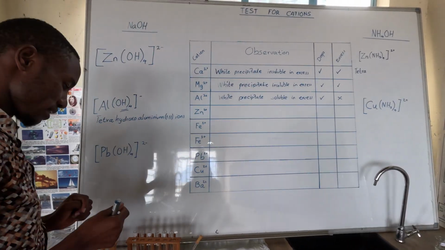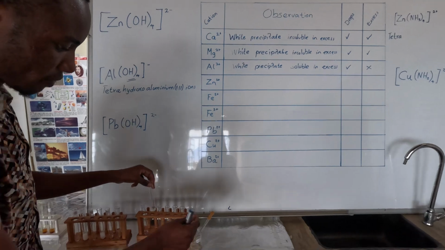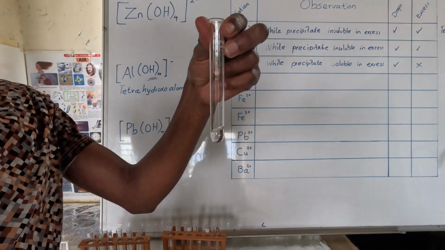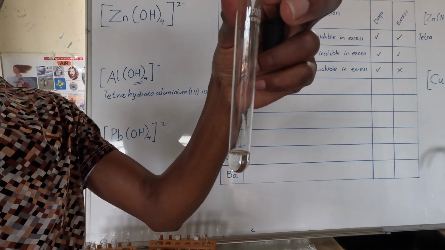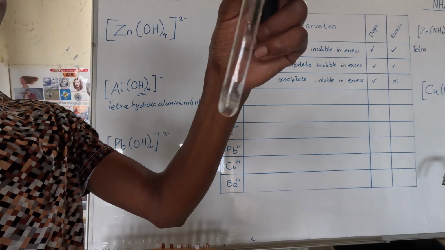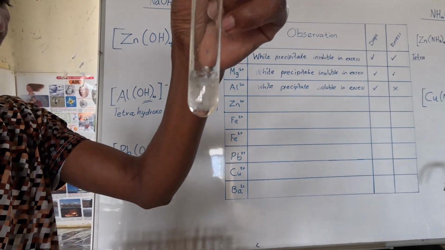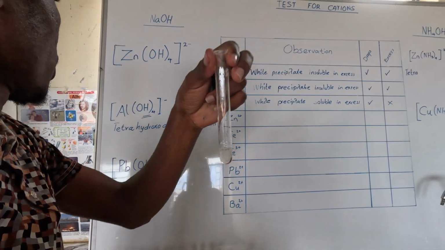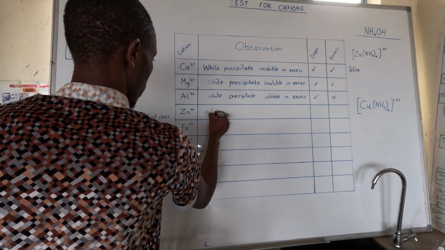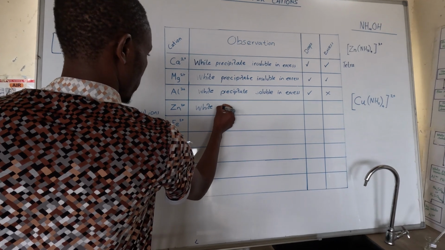Now what happens when I add my sodium hydroxide dropwise to zinc? So those are some drops. That is a white precipitate. So we write white precipitate.